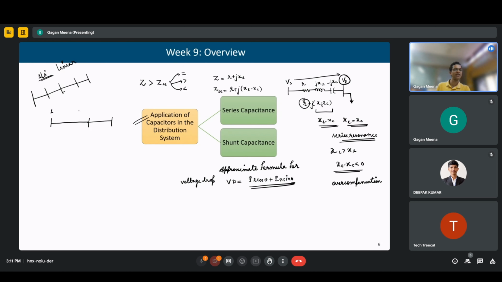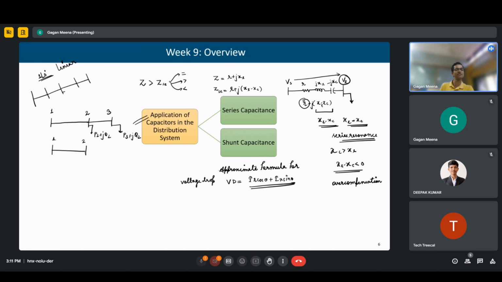And for each line we make the equivalent circuit. So for the first branch this will be the equivalent, and let us say this is P2 plus JQ2 and this is P3 plus JQ3.